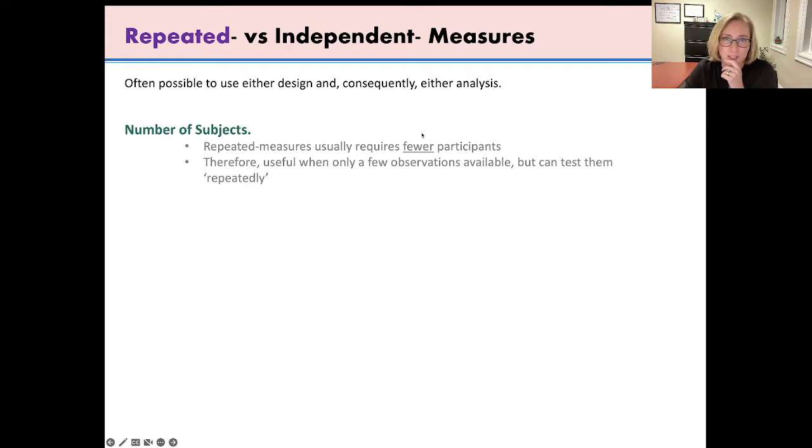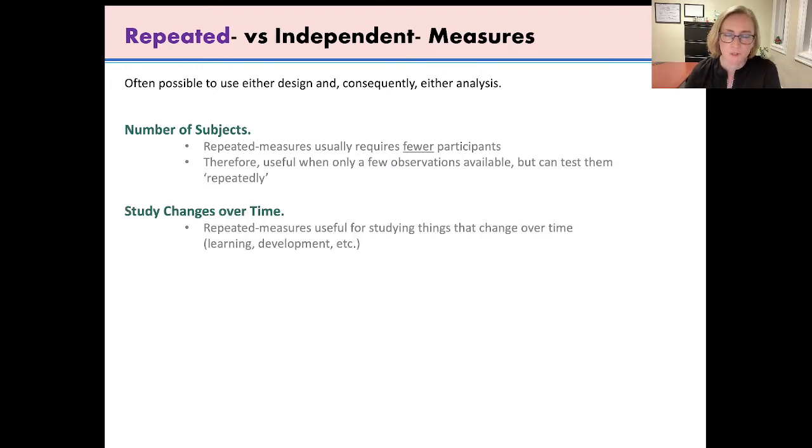But to be on the safe side, you would want to run a repeated measures t-test, not an independent measures t-test. And I'll show you in a minute why. If you only have a handful of observations, you can basically test them repeatedly, right? If you want to get all of the data that you can out of them, just keep making them do things, and then you use a repeated measures t-test to see, did my treatment change something significantly?